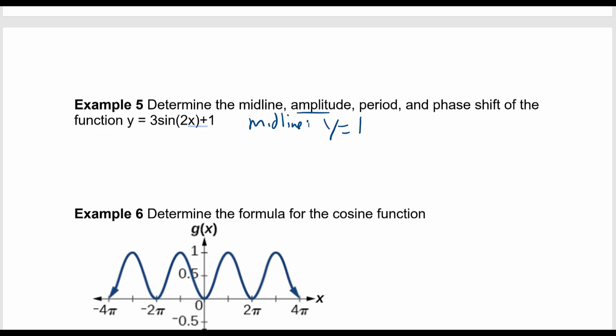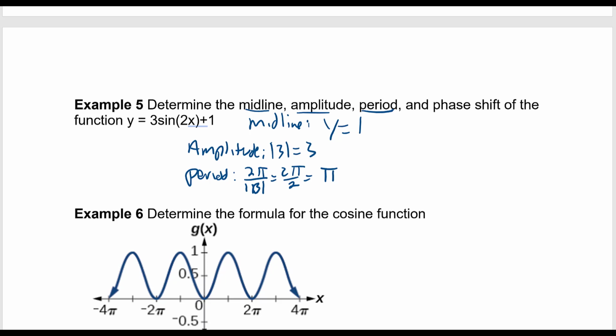Our amplitude is the absolute value of 3, which is 3. Our period is going to be 2 pi divided by the absolute value of b, so 2 pi over 2, which is pi.